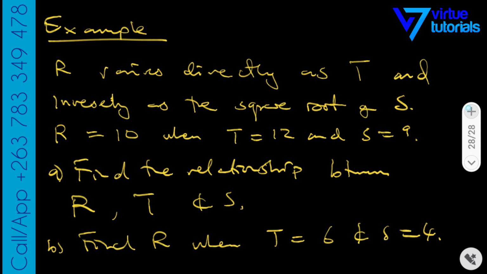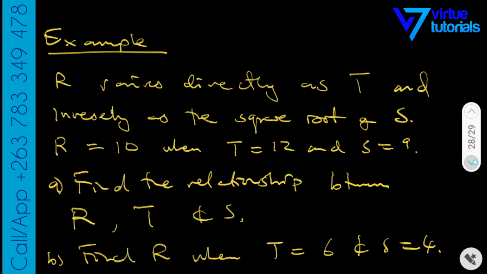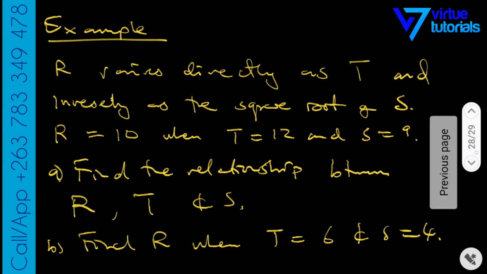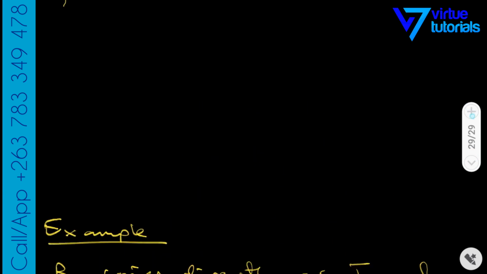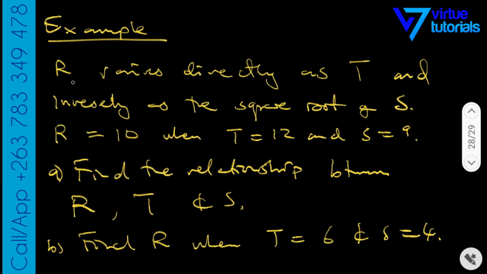Right, so now let's solve that. So find the relationship between R, T, and S. So we're told, let's follow this. R varies directly as T. So the relationship between R and T is direct.